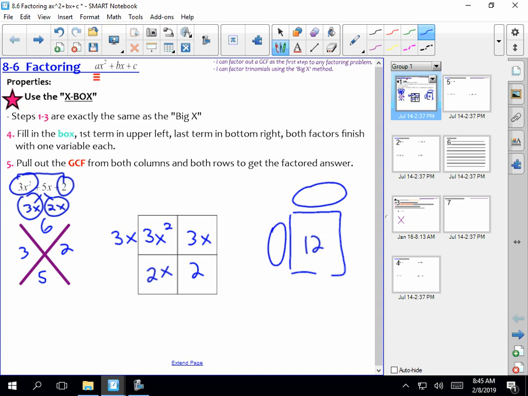Jacob? We're working backwards from the multiplying. So we've got 3x out here, and then we should have just a number out here. It should be a binomial with something times x plus or minus a number. What's the number that goes out here? What's the GCF of the second row? So in other words, what's the greatest common factor between 2x and 2?